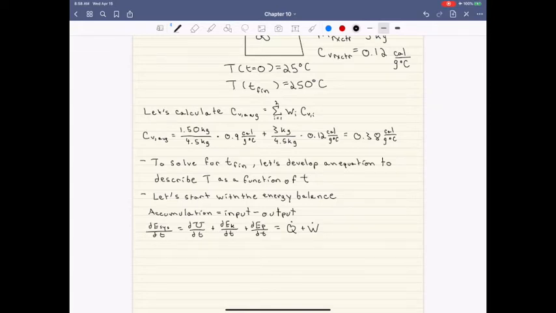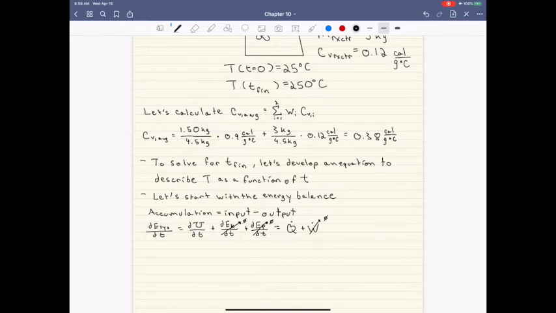At this point, we can make some simplifying assumptions. For this problem, we're going to assume that any changes in kinetic energy or potential energy of the system are negligible, and that the stirring of the liquid contents, relative to the amount of heat that's added to the system, means shaft work is negligible.